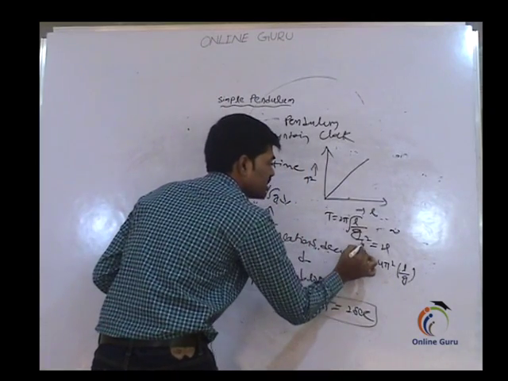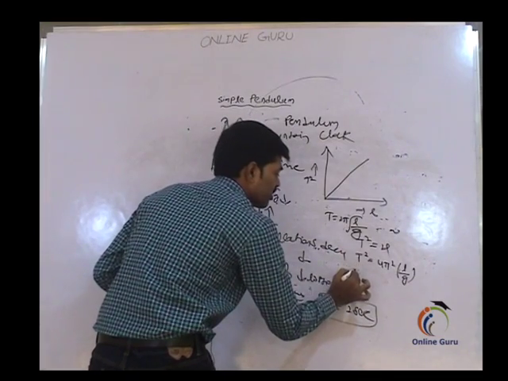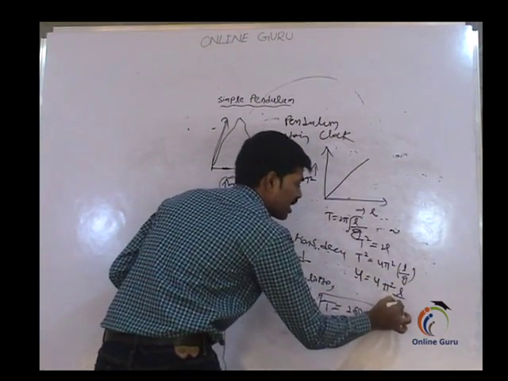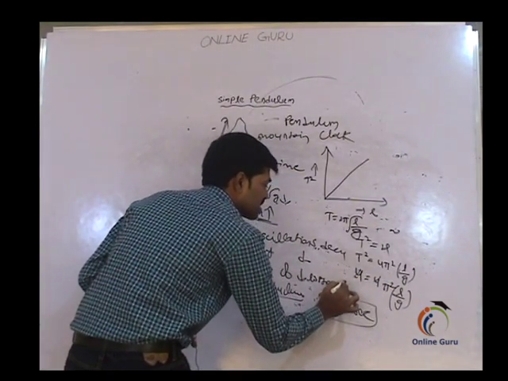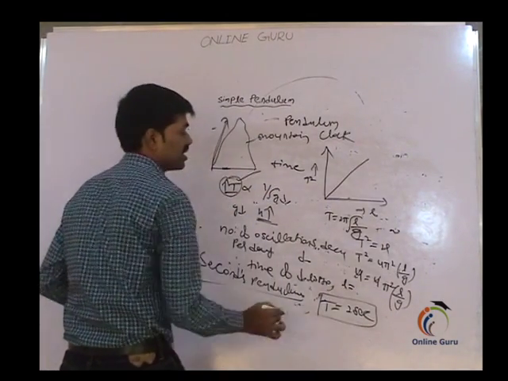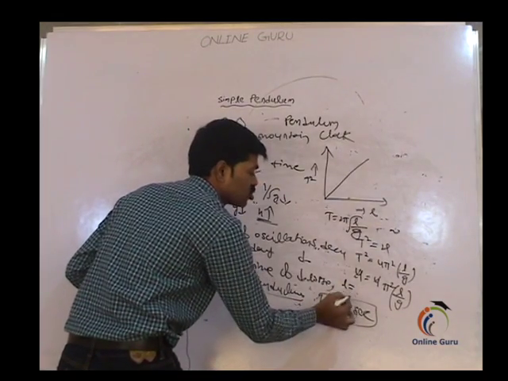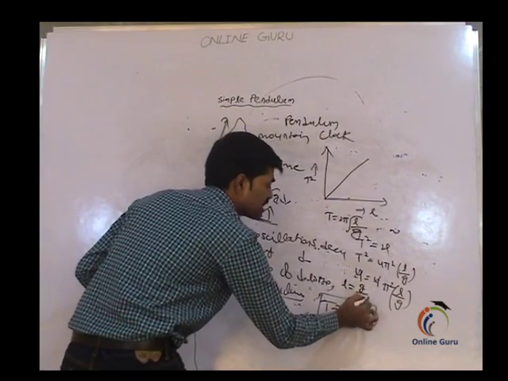If T is 2 seconds and T² is 4, therefore it becomes 4 = 4π²L/g. That is, the 4 and 4 will cancel. The length of the seconds pendulum is given as L = g/π².